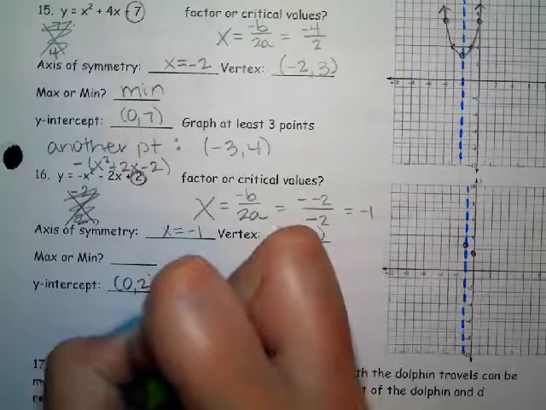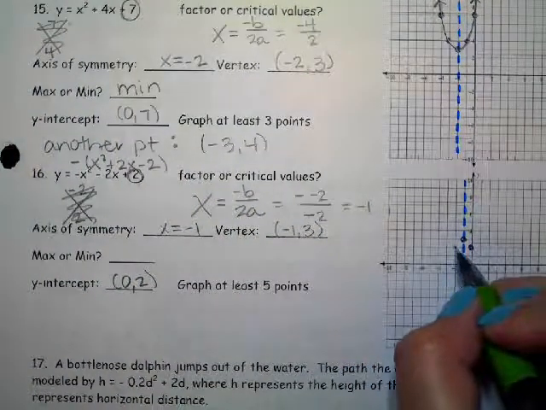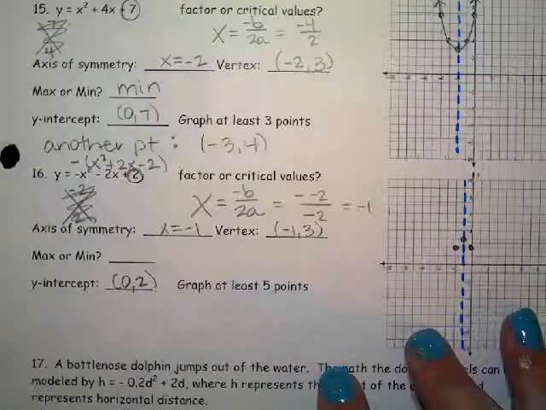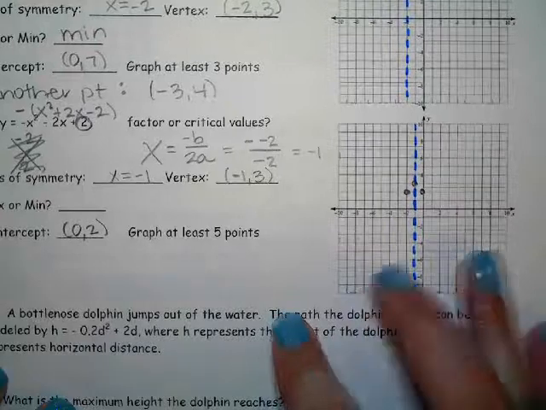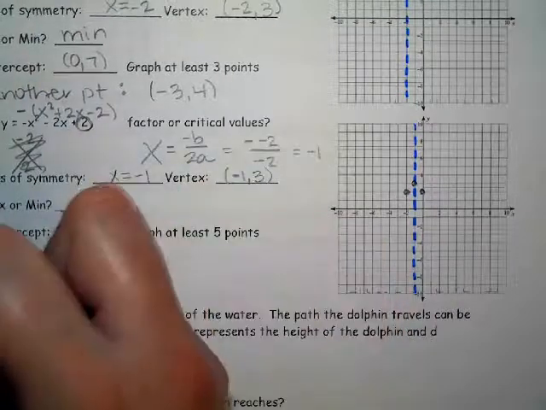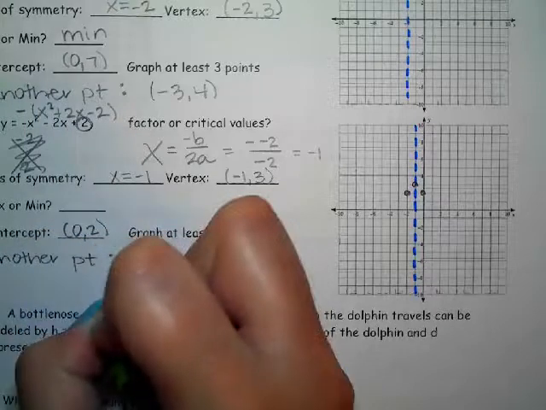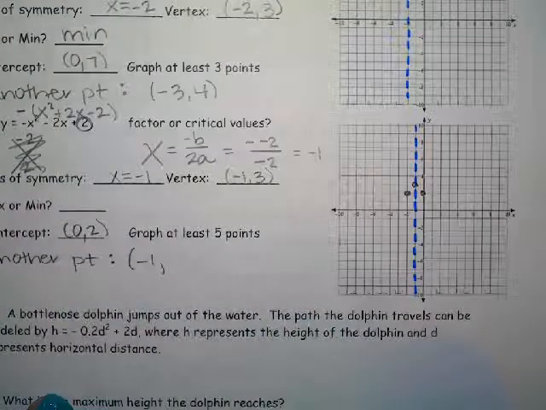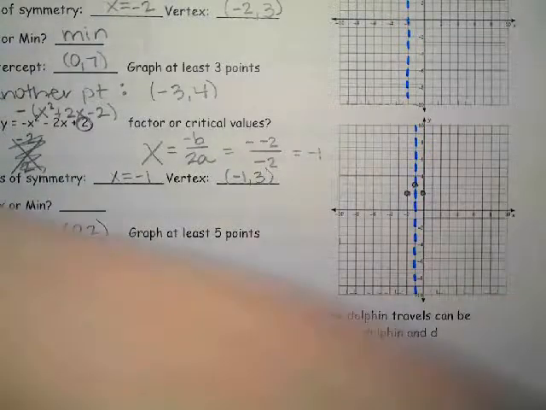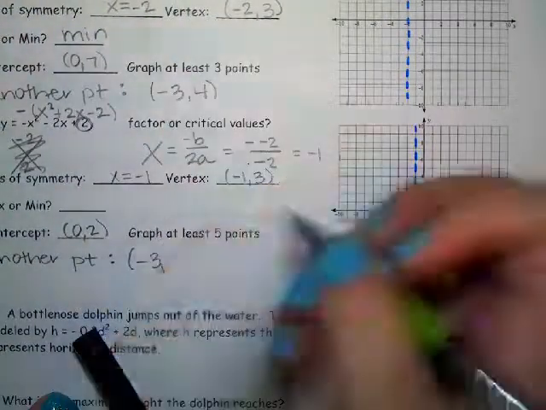Okay. And then how could we get another point? Okay. Oh, we already plugged -1 in. -3? I'll go up here and grab my equation.